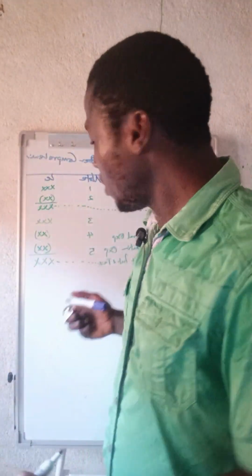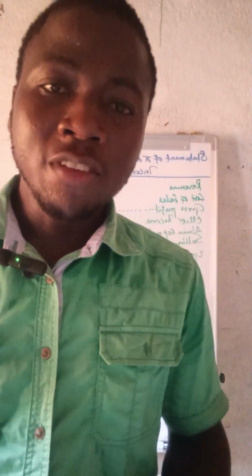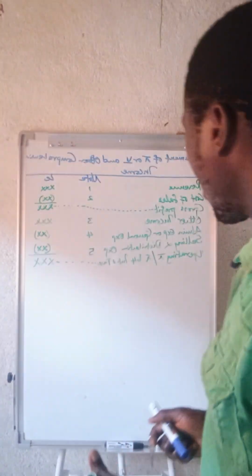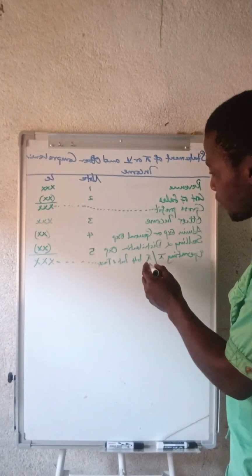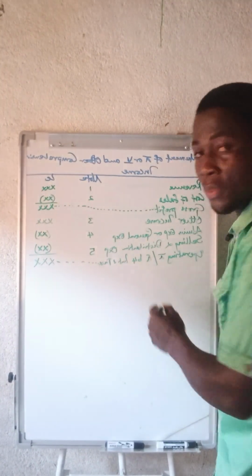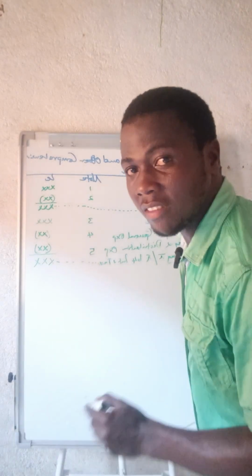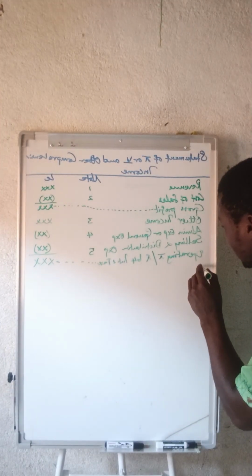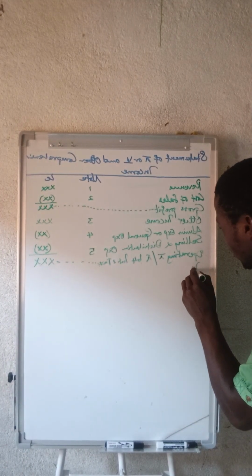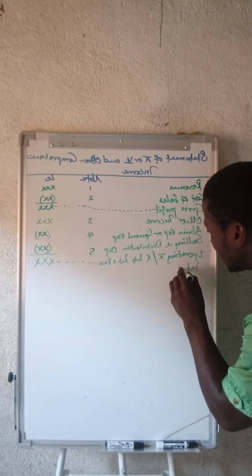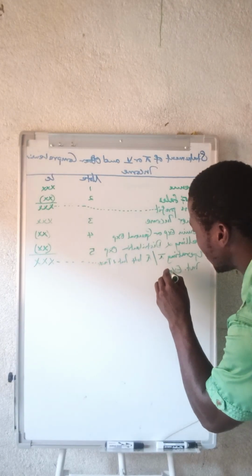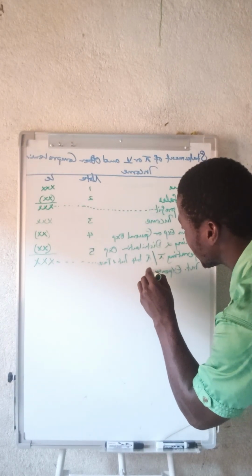Now, what next? Now we've arrived at our operating profit. Because now we have profit before interest, we say interest expense, INT, interest expense, or what?